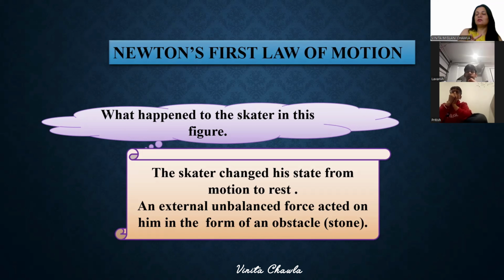The stone which was there on his path, that stone or obstacle, we can say, stops the skateboard. The skateboard stops, but the skater is still in the state of motion, right? So to resist the change, he falls in the forward direction.